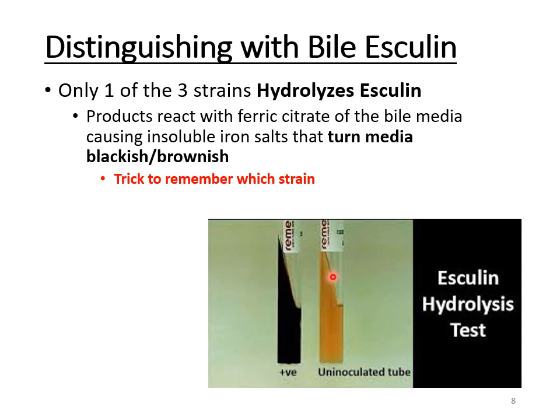If that agar turns black, that tells you that E. faecalis is present because E. faecalis hydrolyzes the esculin that's in that media. And the products from it hydrolyzing the esculin basically interact with that media, and it causes these insoluble iron salts.